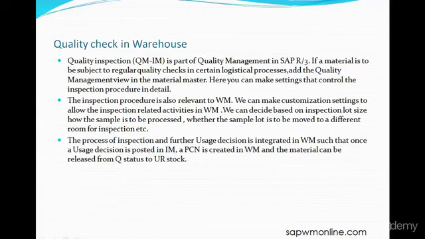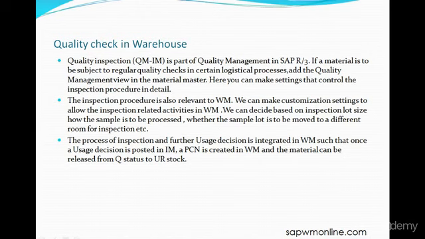The inspection procedure is also relevant to WM. So basically, inspection procedure talks about how exactly we are going to check the quality of a particular material that is going to come in, whether we would want to do 100% inspection or we would want to do a sampling of the incoming material, whether the sample would be a fixed sample or a sample based on percentage of the total incoming material, and what attributes of the material we are going to check or scrutinize.